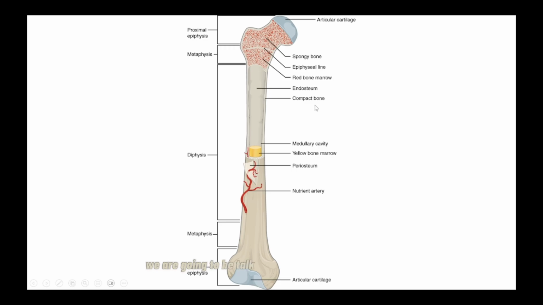We are going to be talking about the function of bone. The function of bone is, first, protection. The skull protects our brain, besides where the superior orbital fissures are, which is where our eye sockets are and our eyes connect to our brain. That's where it does not protect.